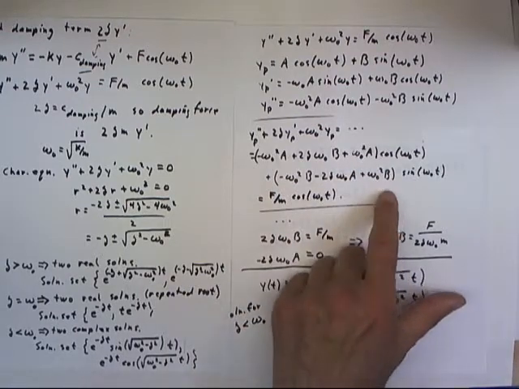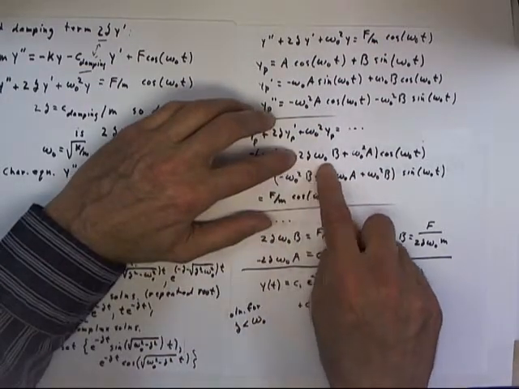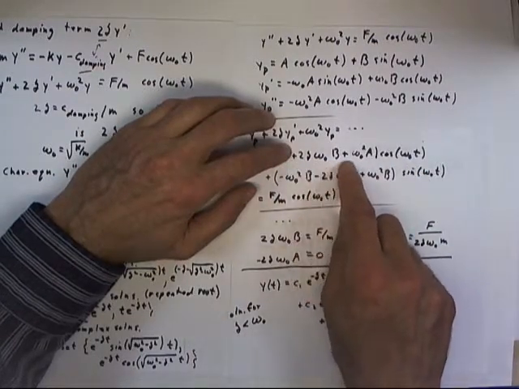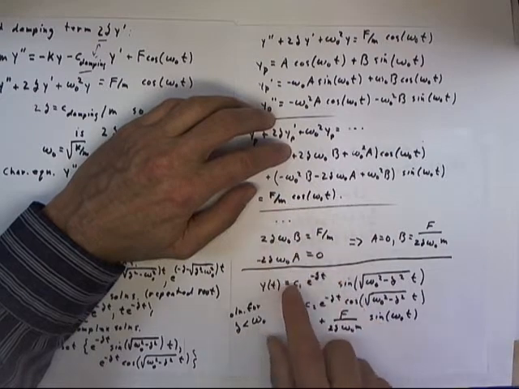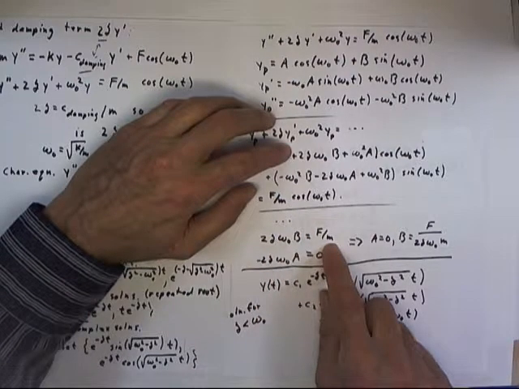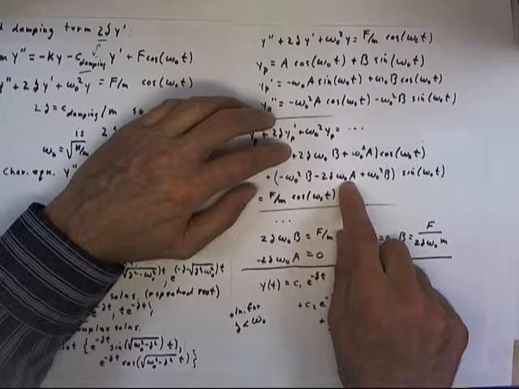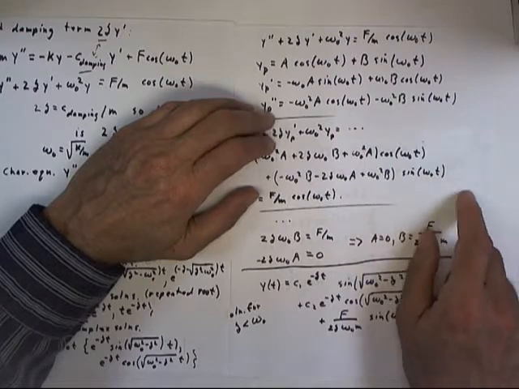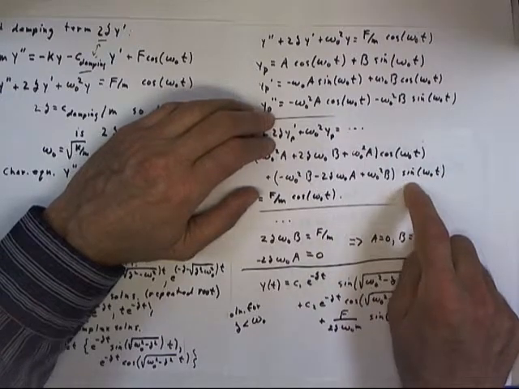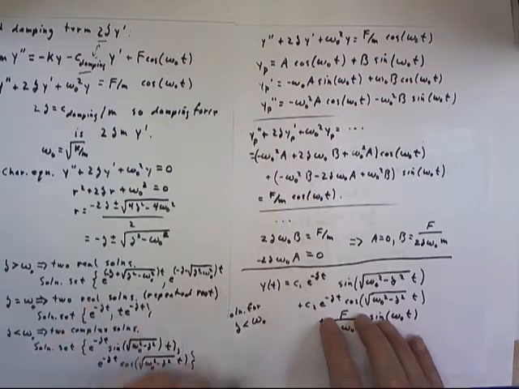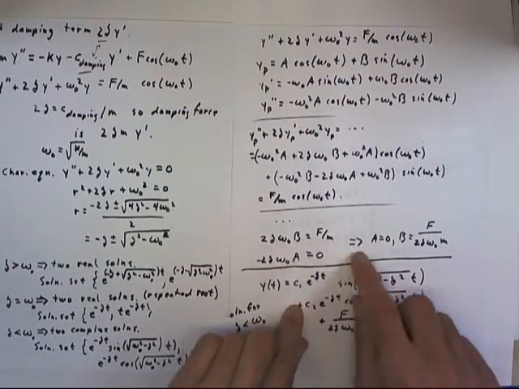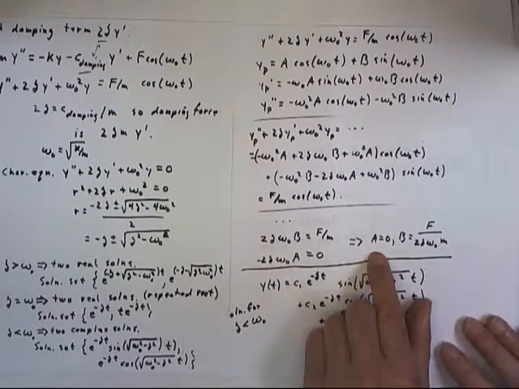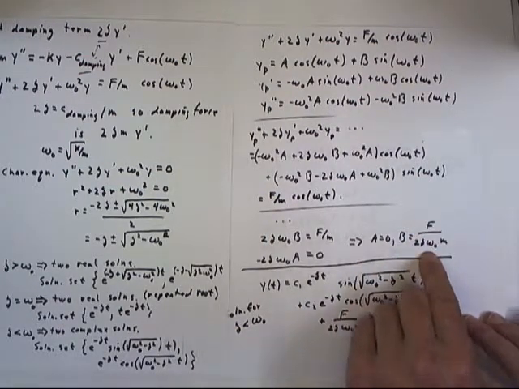But since they do, we're just left with 2 delta omega naught B times the cosine of omega naught t, so that the 2 delta omega naught B has to equal F over m. And this term, being the only term left in this coefficient, has to equal 0 since it's the coefficient of the sine function, and there's no sine function on the right hand side. So we get these two equations that are very easily solved for A and B. A is going to have to be 0, and B is going to be F over 2 delta omega naught m.